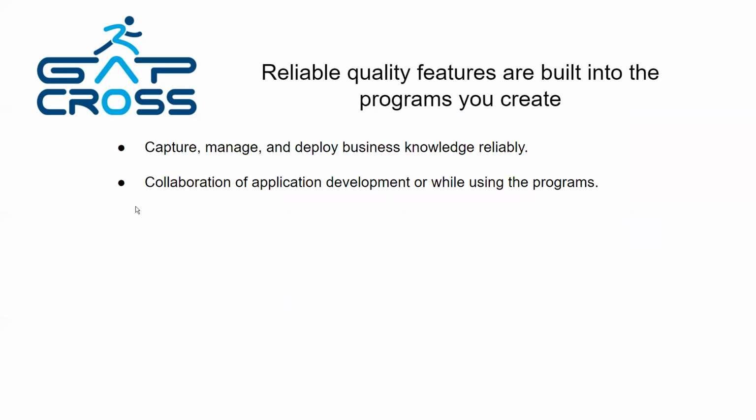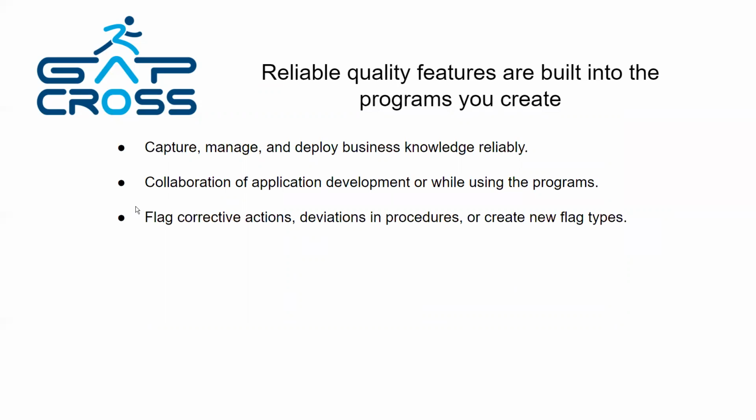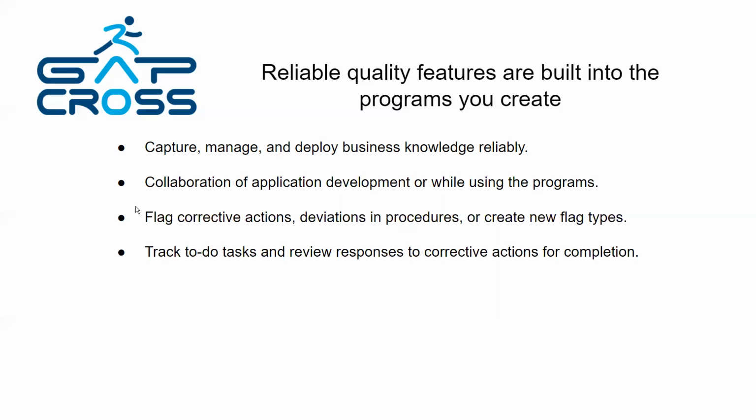Collaboration on applications, so multiple people can work on developing an application or work together while using the programs that you build. You can flag corrective actions or deviations in procedures or create new flags. You can track to-do tasks and review responses to corrective actions for completion. Whether you're setting flags or responding to flags, you can attach documents, take pictures, and then you've got the evidence of what you're doing and evidence that those corrections have been made.